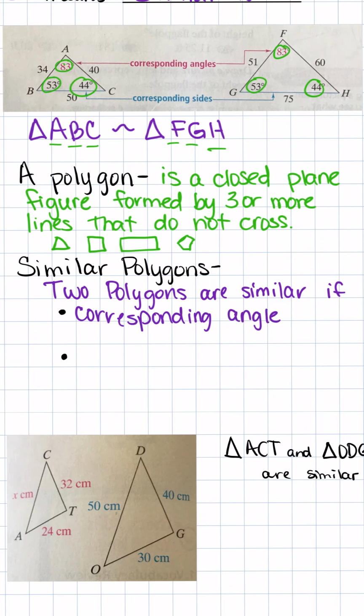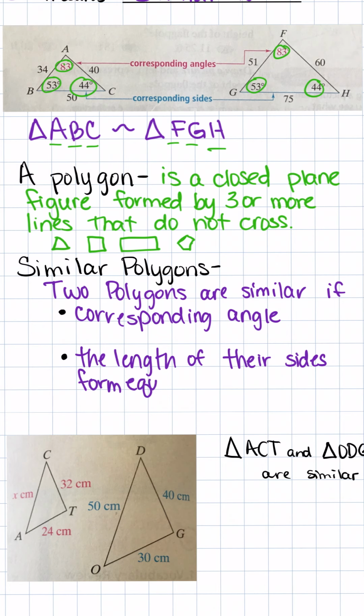So that means they measure the same, and the length of their corresponding sides form equivalent ratios. That's where ratios tie in.